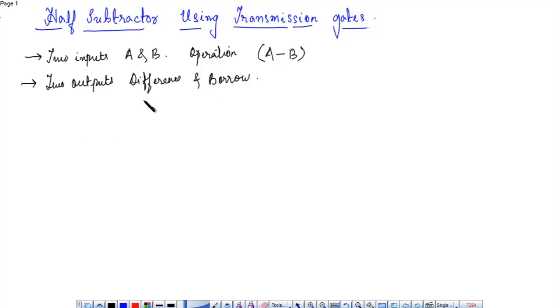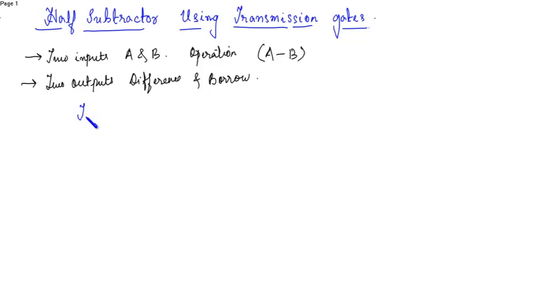So let's see the truth table of a half subtractor. The truth table is, let's say this is A, B, then we have difference, and then we have borrow.